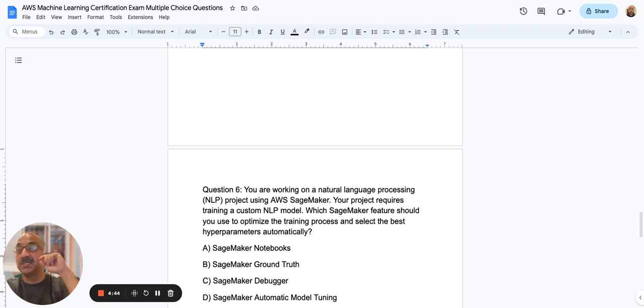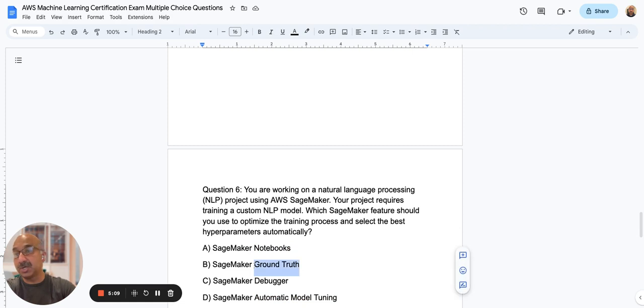So the answer here is SageMaker's feature called Automatic Model Tuning. One thing good about AWS is it tries to give the features and the products names that describe what they do. In this case, it almost doesn't even feel like a product name, but it is because it's such a naturally chosen name. Notebooks is like Jupyter. It doesn't help you with hyperparameters at all.